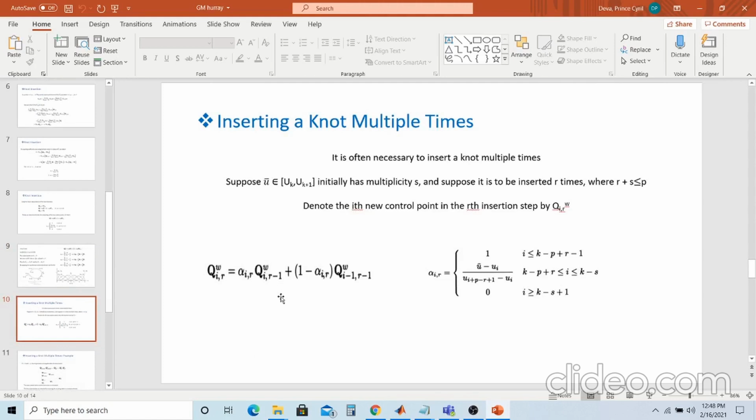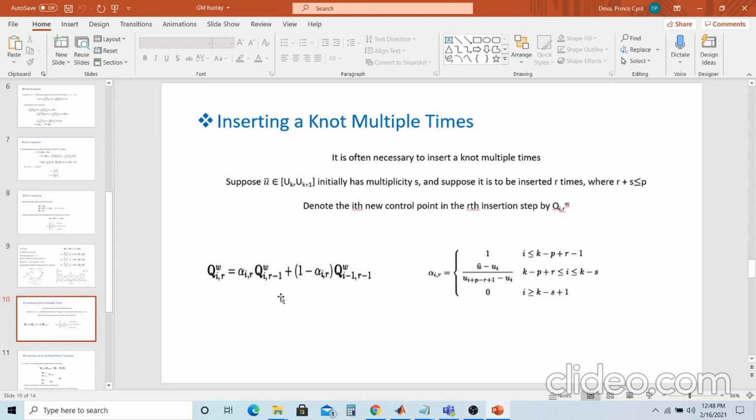Inserting a knot multiple times. Sometimes we need to insert a knot multiple times. Suppose u bar belongs to [u sub k, u sub k+1) and has a multiplicity s, and it is inserted r times, where r plus s is less than or equal to p.